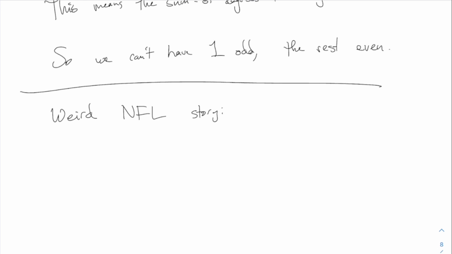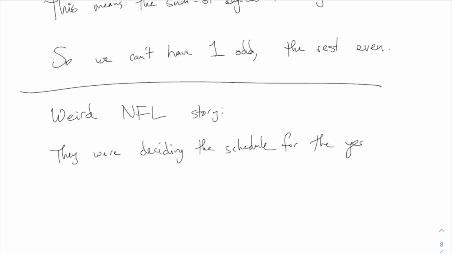So once upon a time in the NFL, they were making the schedule for the year. They have to decide the schedule. Let me just say, at this point, there were 13 teams. I think there are more than this now, but 13 teams in the AFC, which is one of the conferences.